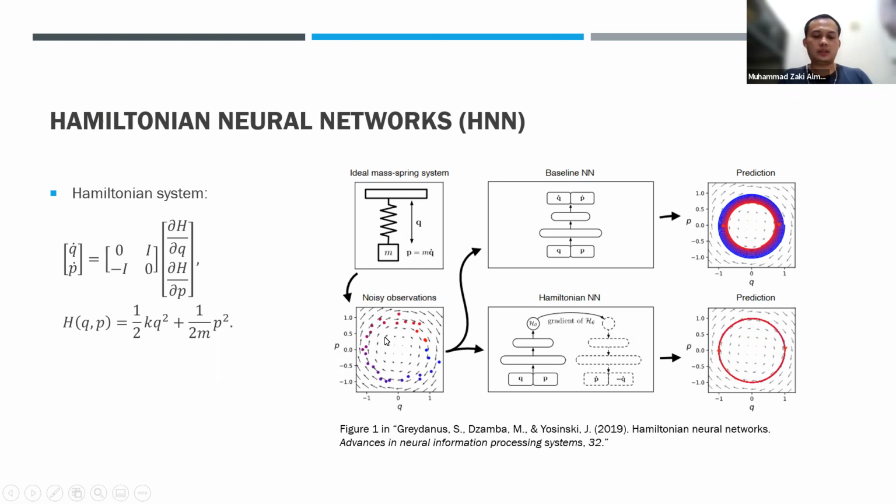They generate some training data sets from the system by using a numerical integrator, and then they train the network in a way that in the end the predicted states match almost exactly the ground truth.